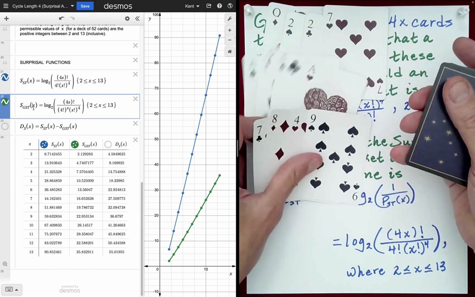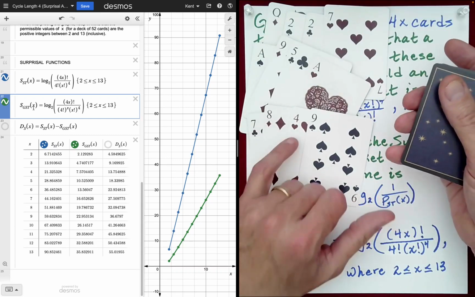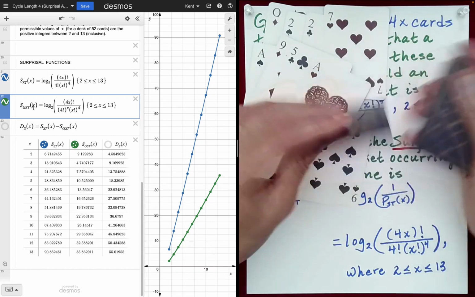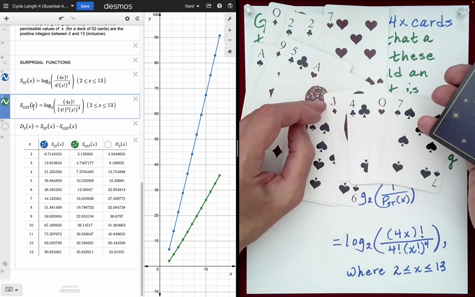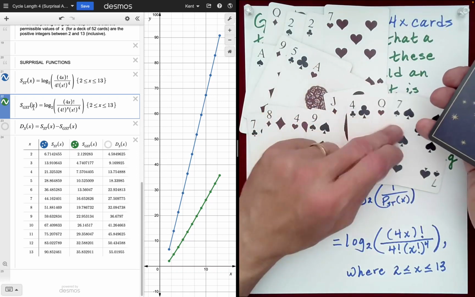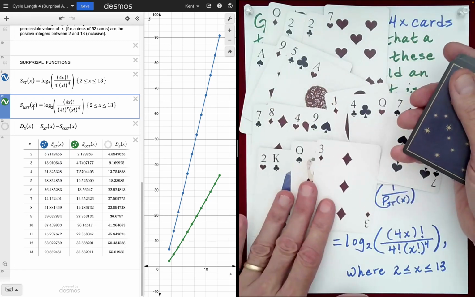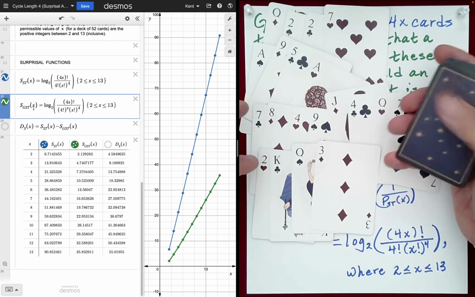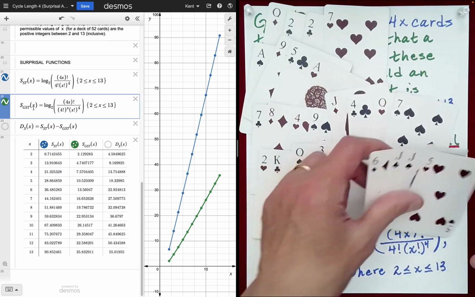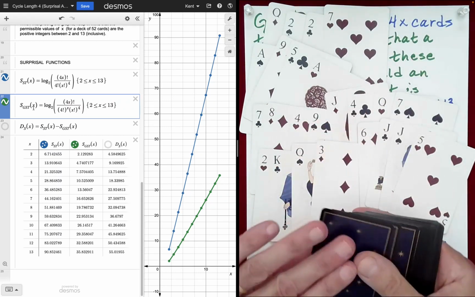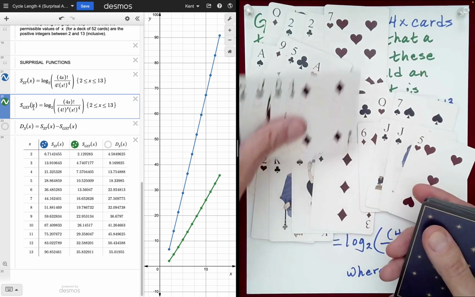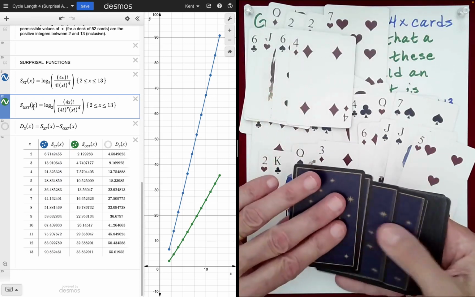Next set of 4, clubs, diamonds, hearts, spades. Next set of 4, diamonds, clubs, hearts, spades. So you can even see that they're in different orders here. Hearts, clubs, spades, diamonds, and so forth. This will be true for each and every set of 4 cards taken from the top.